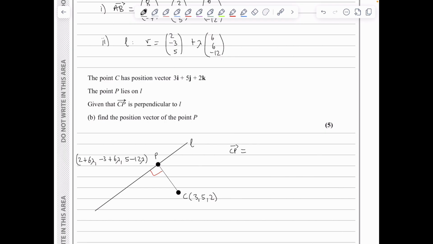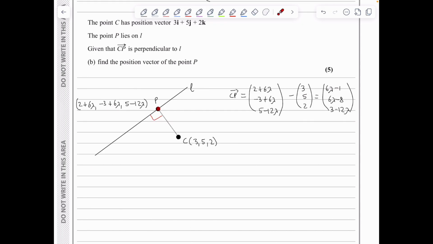So I'll be doing P, which is (2 + 6λ, -3 + 6λ, 5 - 12λ), minus the vector C, which is (3, 5, 2). This leads to (6λ - 1, 6λ - 8, 3 - 12λ). This is the vector CP.